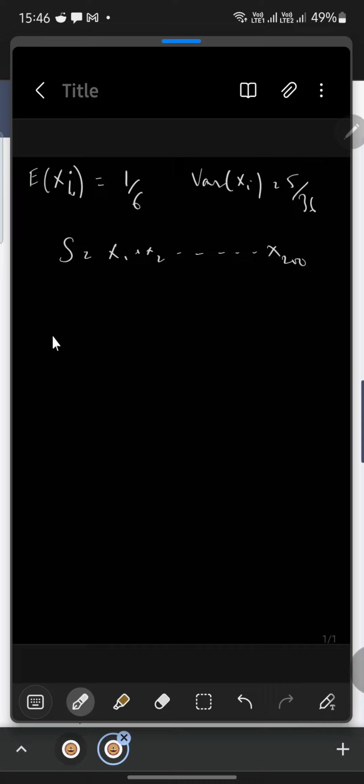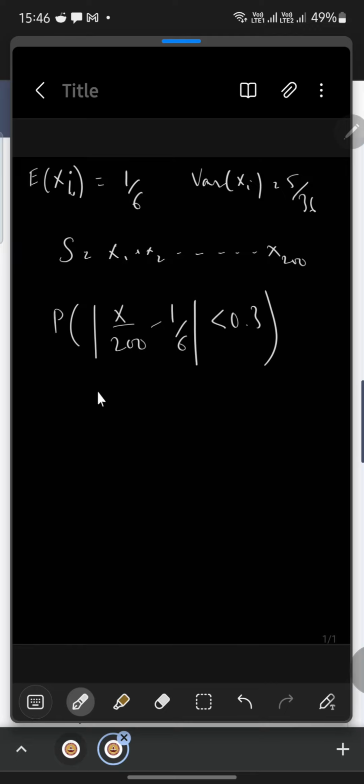So we need to find a bound such that the probability of mod of x divided by 200 minus 1 by 6, divided by 1 by 6, is less than 0.3. This is the question here.